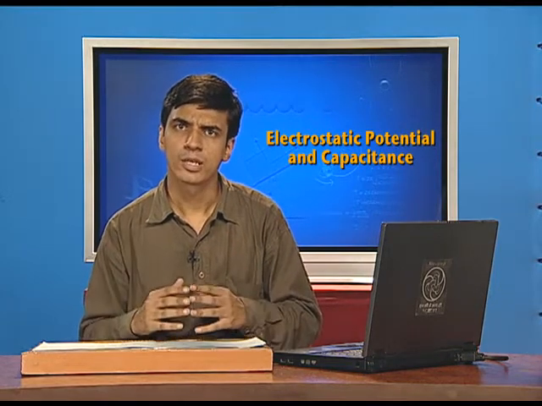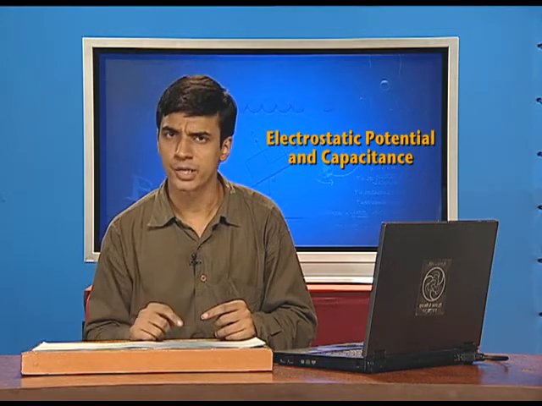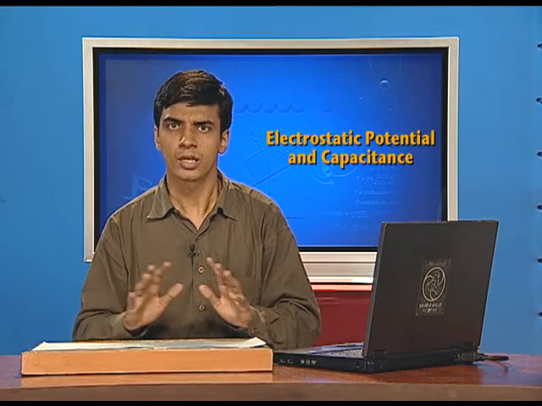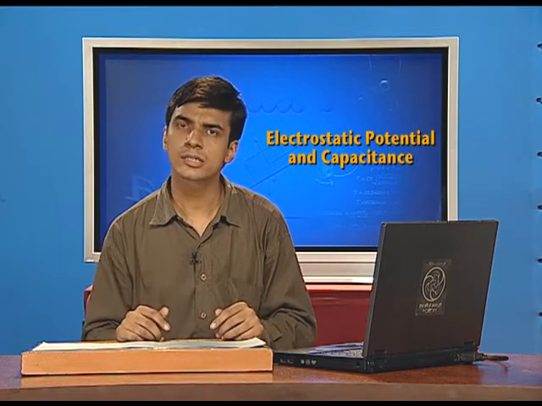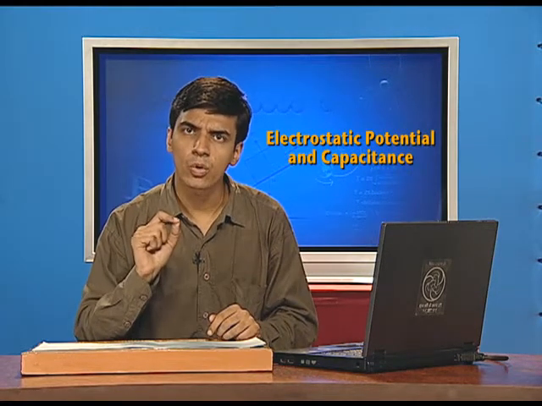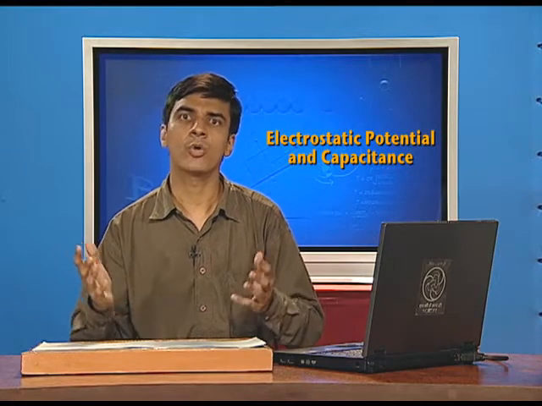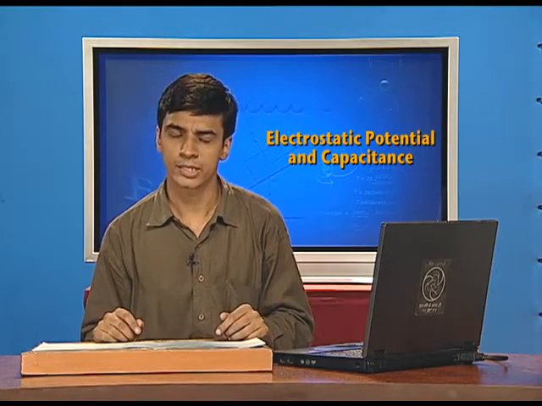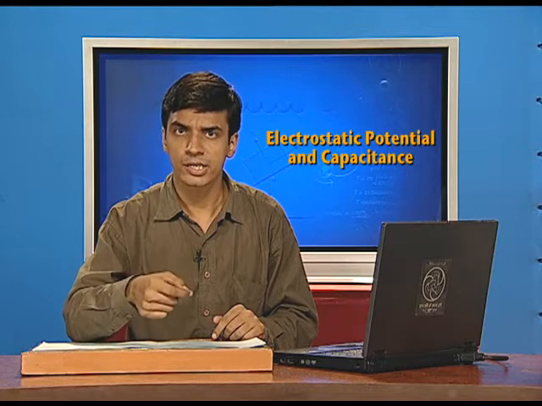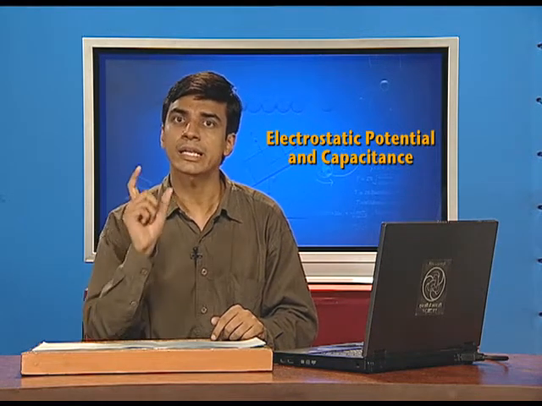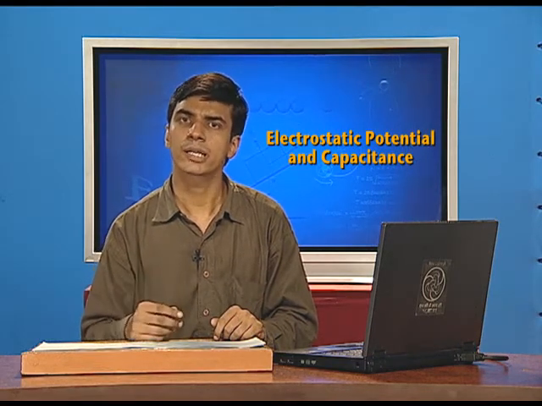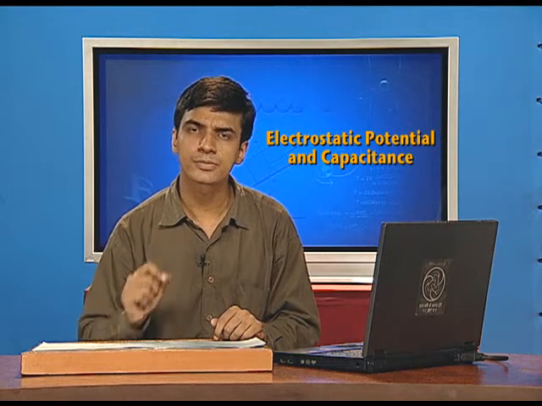In order to have a very good and accurate measurement, I will consider a point of observation with respect to infinity. That is, I will say that the electrostatic potential is 0 at some point, over there at infinity, and then when I am moving that charge from infinity to my point of desire, I will see that the difference in the potential energy is nothing but the force that I have applied over that particular distance.